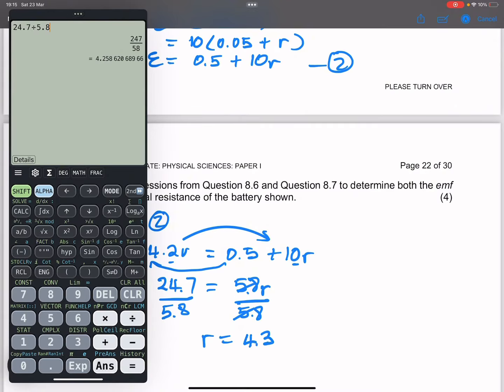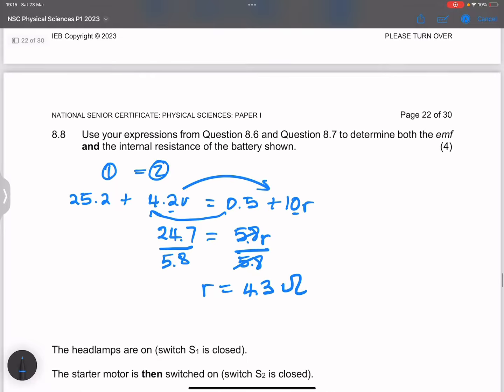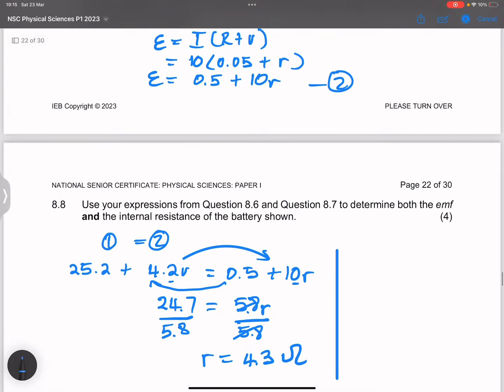Okay. And what about our EMF? All we're going to do is substitute our value for internal resistance into any of the two equations. So I'm going to take equation 2. So that will be 0.5 plus 10 times 4.3.